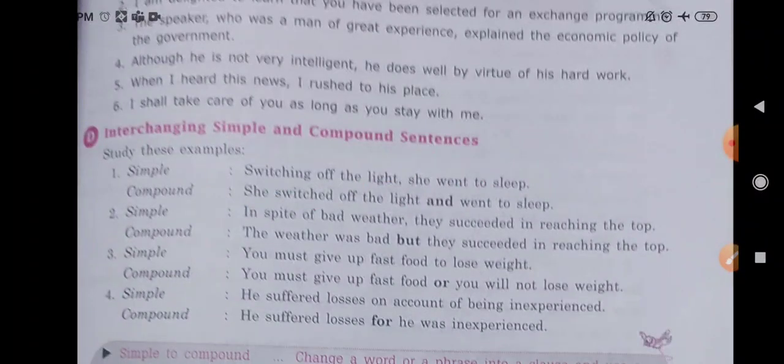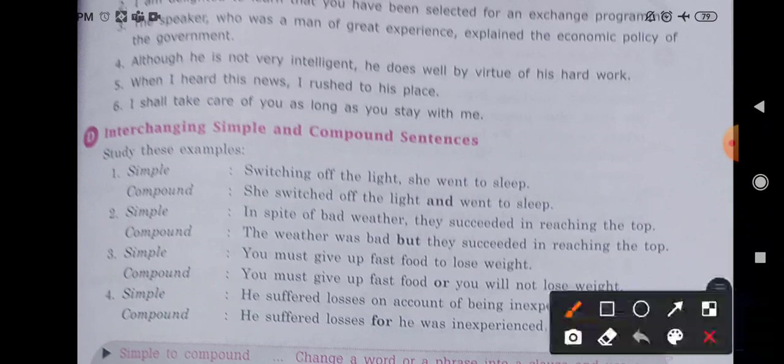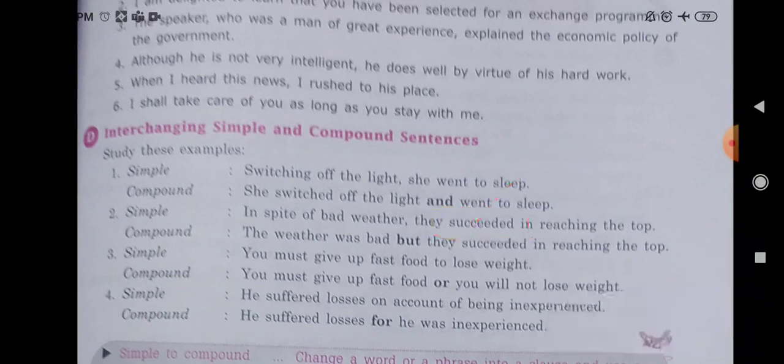"In spite of bad weather, they succeeded in reaching the top." Succeeded, yes, only one finite verb is there. It's a simple sentence. "The weather was bad, but they succeeded in reaching the top."